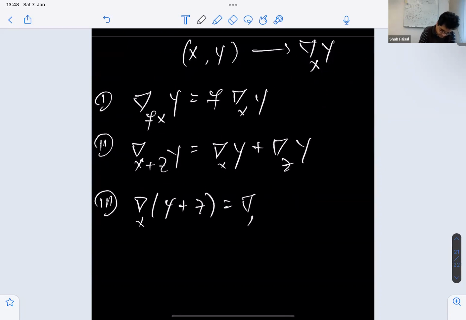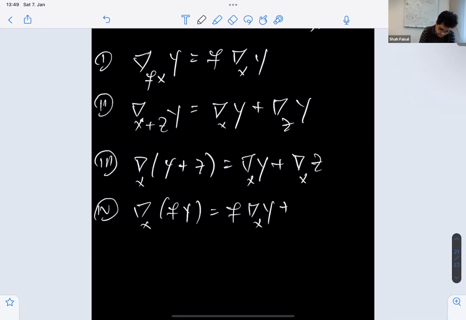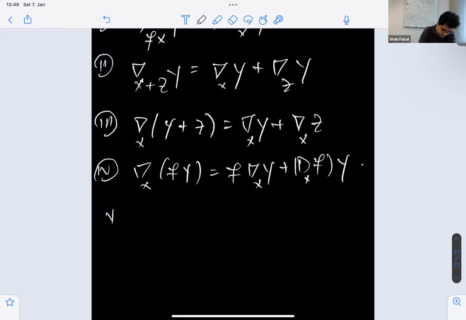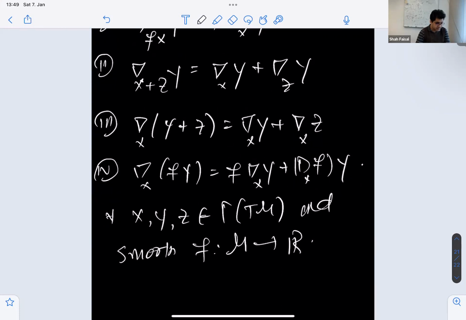They are not fixed. And the Leibniz rule should give you the derivative of f with respect to X and Y. This should be true for all vector fields, sections of the tangent bundle, and smooth functions, functions from M to R, the real valued functions.